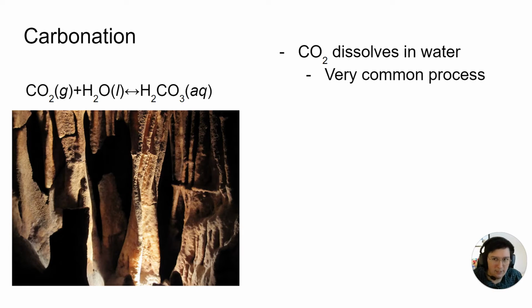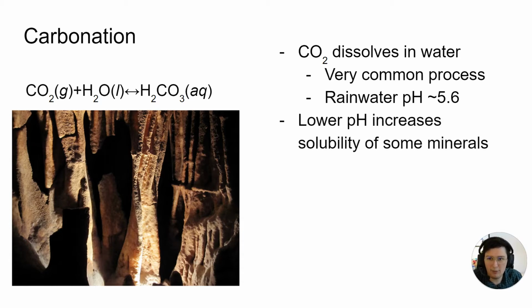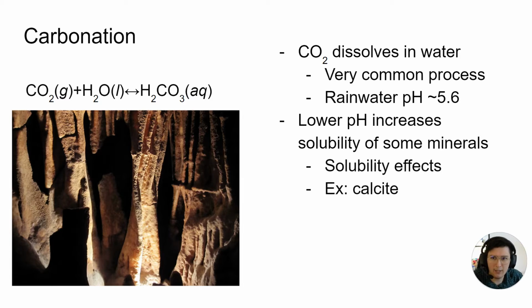An example of this is rain falling through the atmosphere. The atmosphere is about 400 parts per million CO2, so rainwater pH is usually a little acidic, around 5.6. And this lower pH increases the solubility of some minerals. Calcite, off to the left, is one of those. And that's just because of solubility effects.